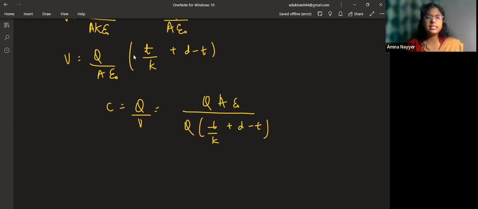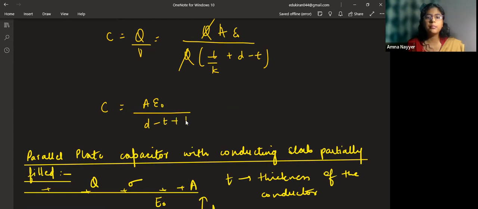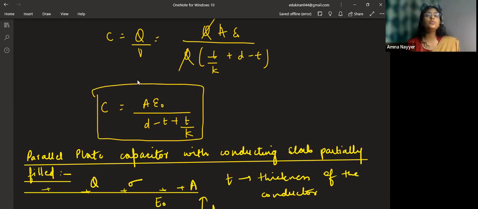Anything gets divided, it's like this entire term is kept here in the denominator. Q gets cancelled. What is the formula that has been obtained? This is A epsilon naught divided by D minus T plus T by K. So this is the formula you will use.